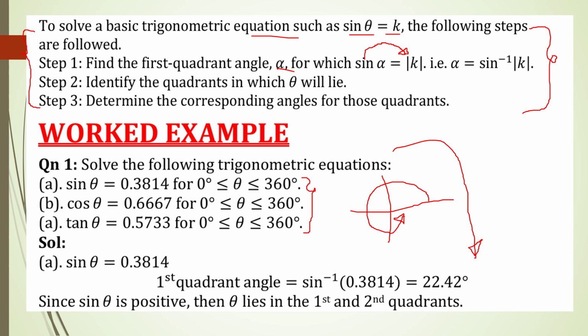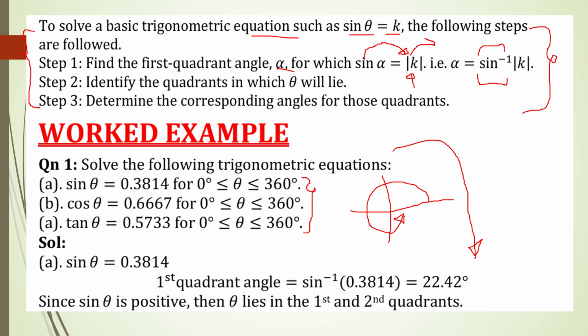On your calculator you press shift and then the sine button to get this symbol. So it's going to be arcsine of the constant that you had on this side. You put a modulus sign on this k simply because when you're getting an angle, your answer must not be negative, but we are going to explain that in detail.